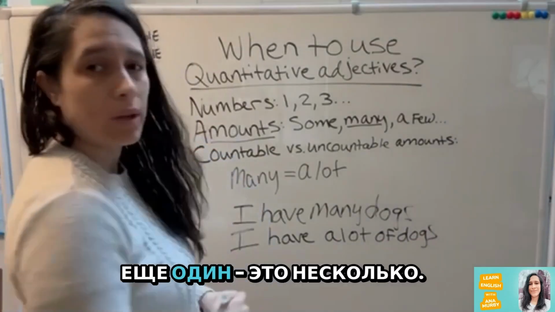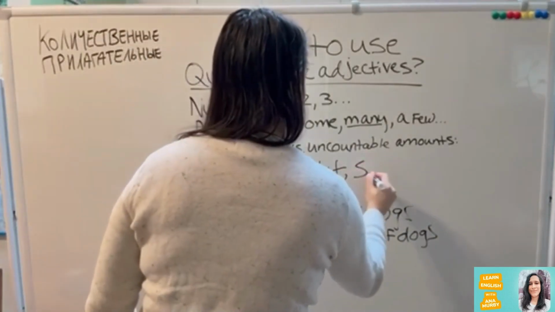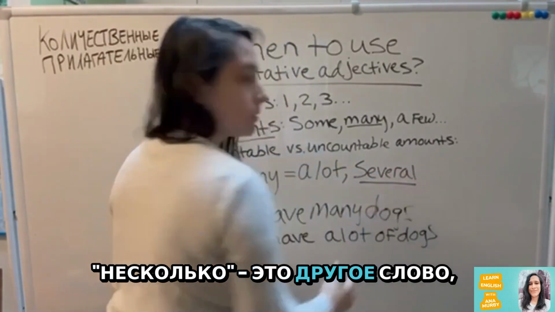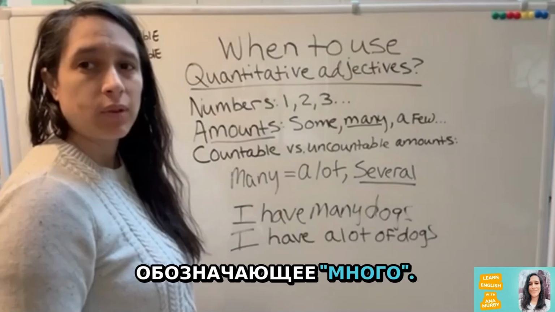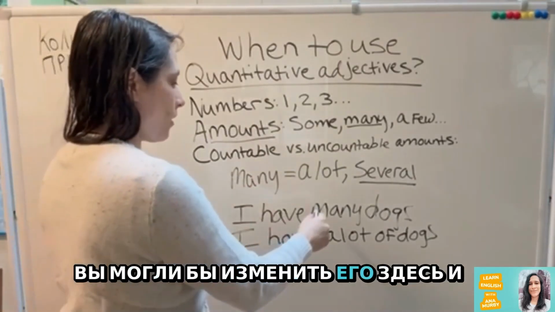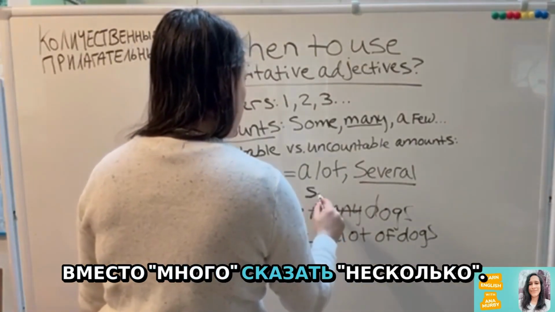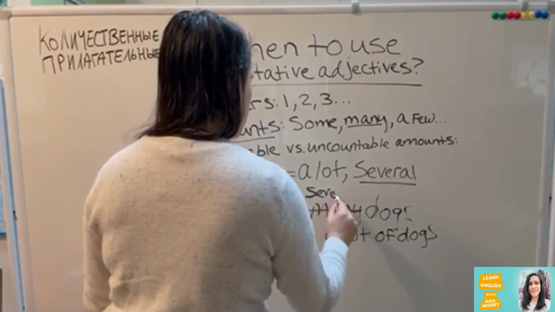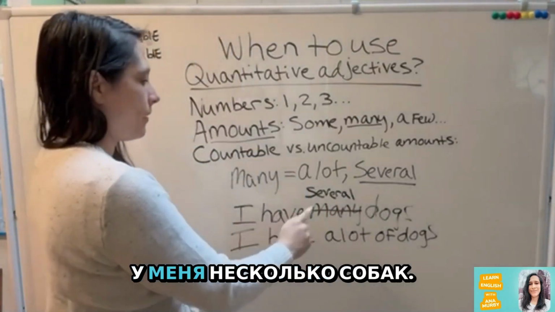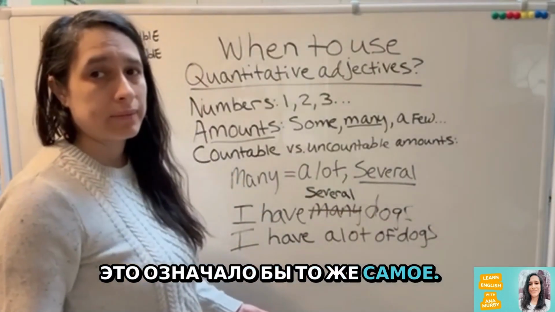And another one is several. Several is another word for many. You could change it here, and instead of saying many, you can say several. I have several dogs. It would mean the same thing.